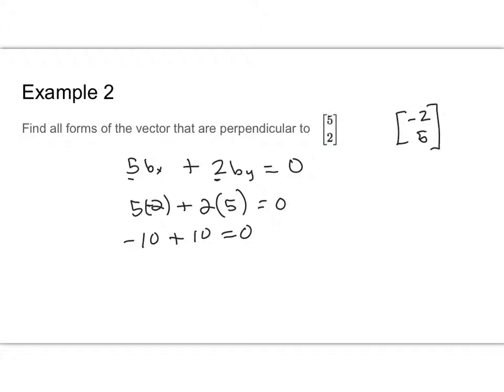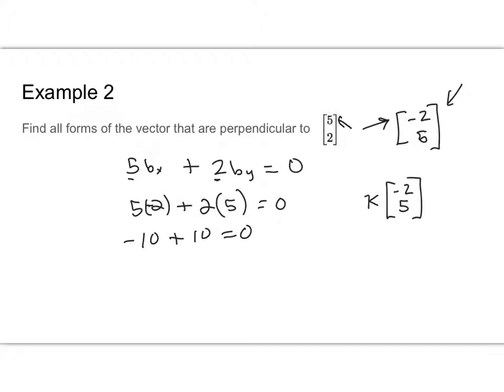One of these has to have the opposite sign of one of these in order for this to work. In fact, remember that all vectors that are parallel, any vector that's multiplied by a scalar, they're all parallel to this.